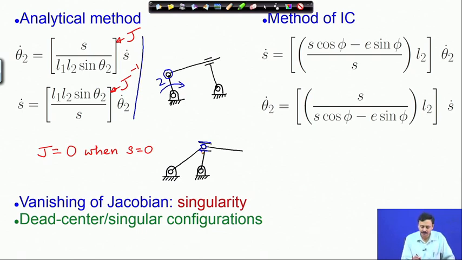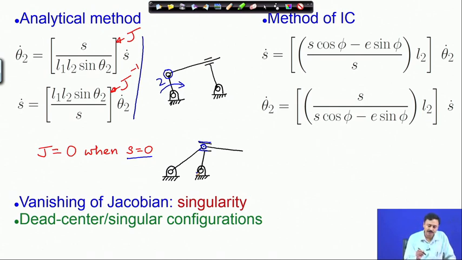Forgetting about the physical or constructional problems, we can say that when this revolute pair gets into the prismatic pair, if it can, then s equal to 0, and that is a singular configuration of the mechanism.